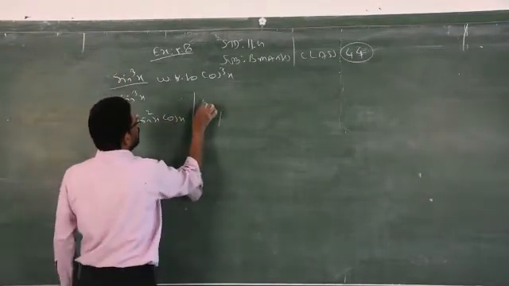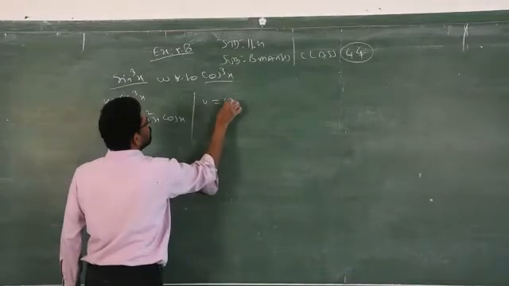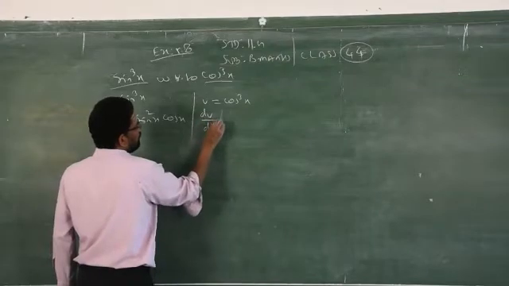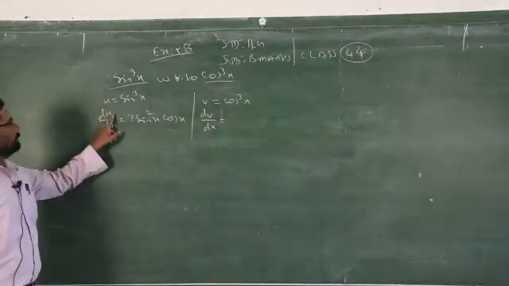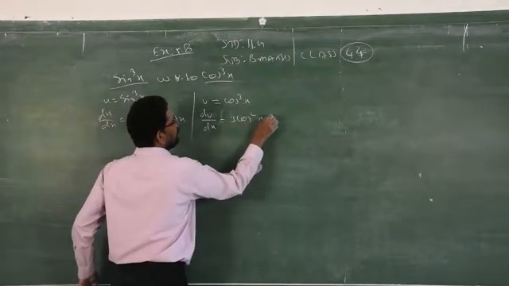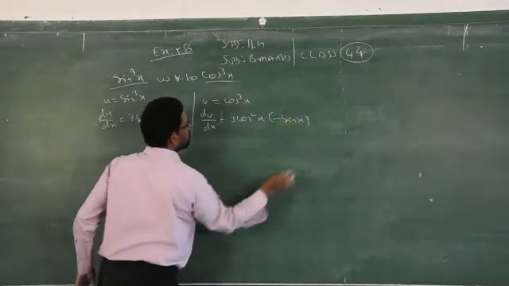Then you take v is equal to cos cube x. So dv by dx, because v is a function of x, here u is also a function of x. So differentiate: 3 cos square x into minus sin x. Clear?